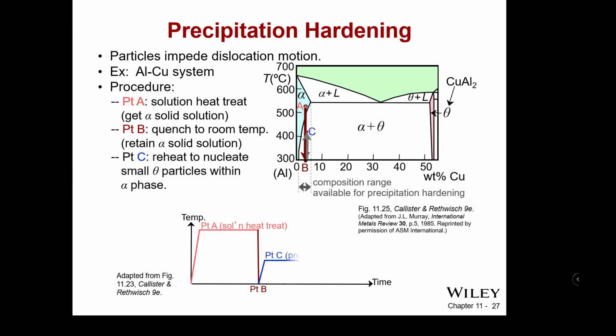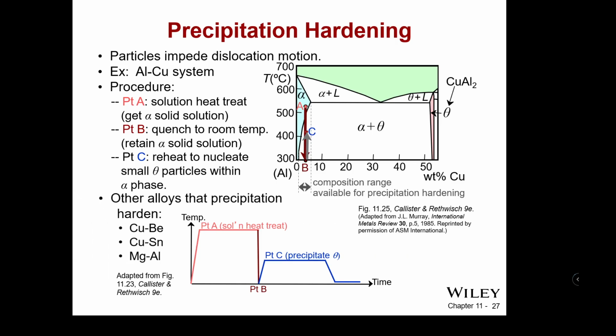You reheat to nucleate small particles within the alpha phase. So you reheat to a lower temperature. And the other alloys that are going to precipitation harden would be like copper beryllium, copper tin, magnesium aluminum.